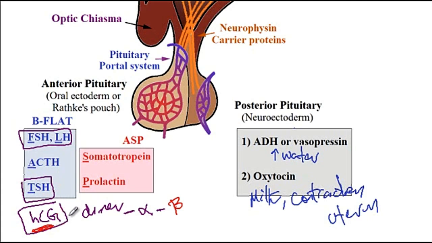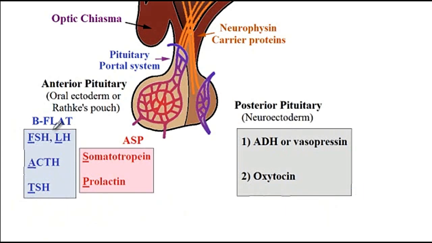So I'm just letting you know that since these hormones have a similar structure, they're all being made of dimers with the same alpha subunit but differ in their beta subunits, there is sometimes some cross-reactivity. In any case, these were the hormones that were being produced by the anterior pituitary, the basophilic cells, while the anterior pituitary, the acidophilic cells, give rise to two different forms of hormones.